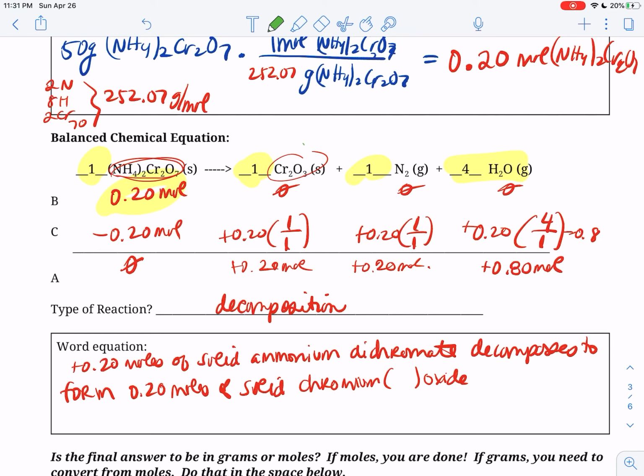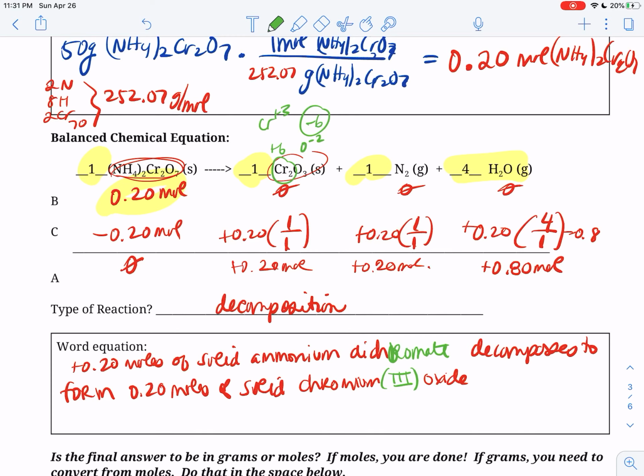If the oxygen is -2, there are 3 of those, so that's a total charge of -6, which means my chromium has to be a total of +6, so each one is going to have a +3 charge. So it's going to be chromium(III) oxide. Dichromate. Chromium 1, 2, 3 oxide.